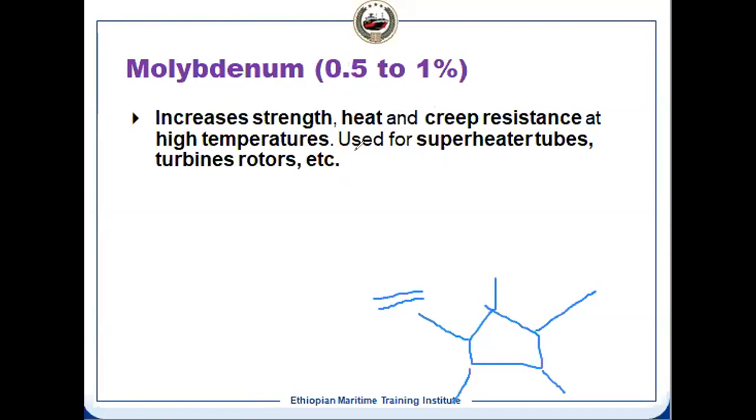So for example, this alloy you also use for the superheater, where the temperature will be very, very high, because superheat means after 100% saturated steam, then we increase the temperature. So the superheater tubes are constantly exposed to that high temperature. So there will be creep. So we use this molybdenum steel. Molybdenum is used as an alloying material.